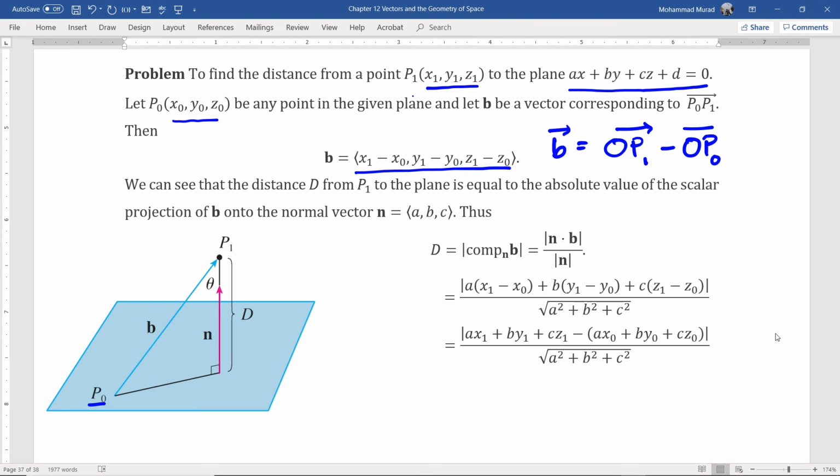Now the dot product of the normal vector n with b is given by the quantity shown here, which can be rewritten in this form.